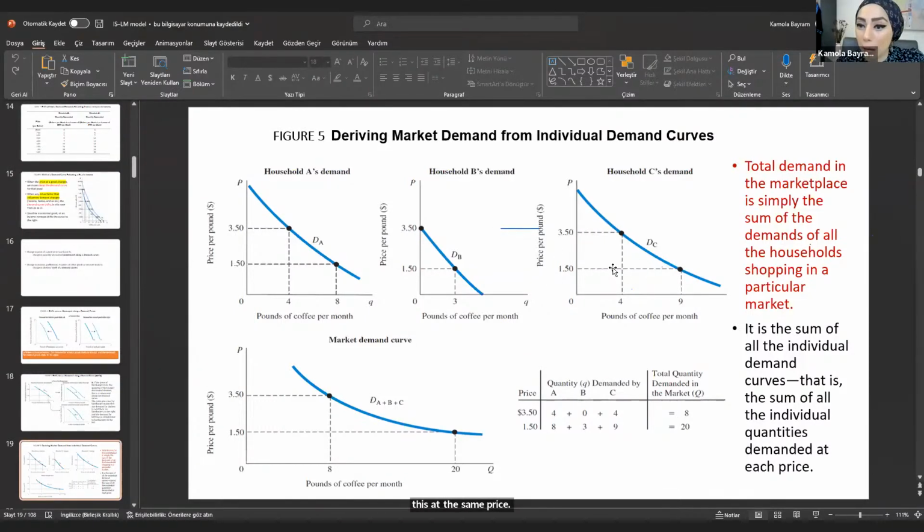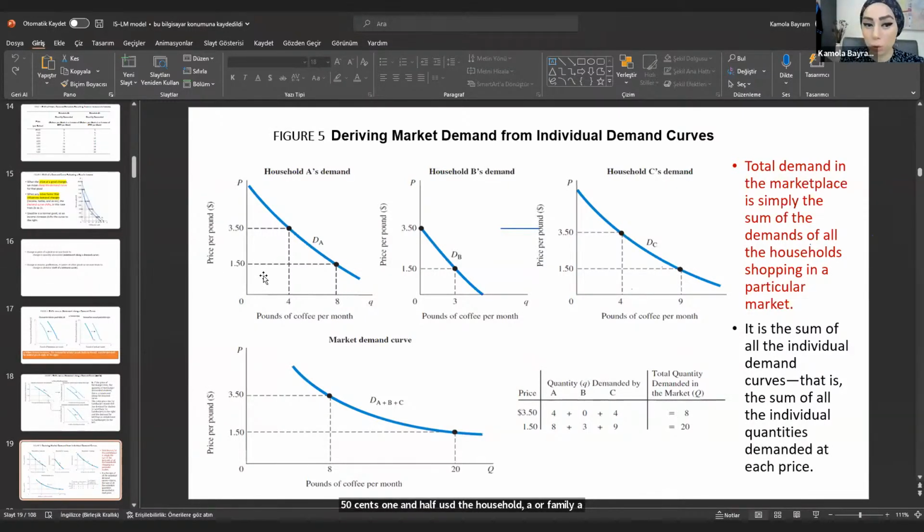Meanwhile, household C will consume 3.5 pounds of coffee when the price is 3.5. But the difference between A and C is that when the price goes down to $1.50, household A will consume the maximum.